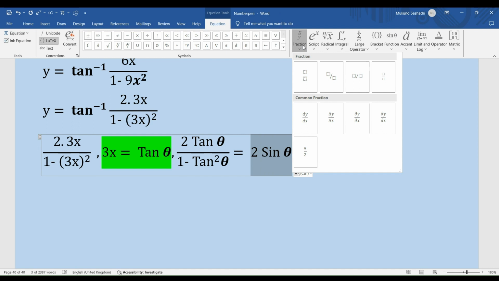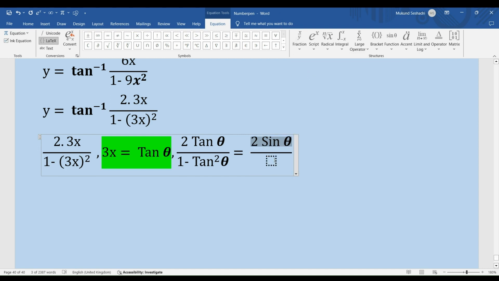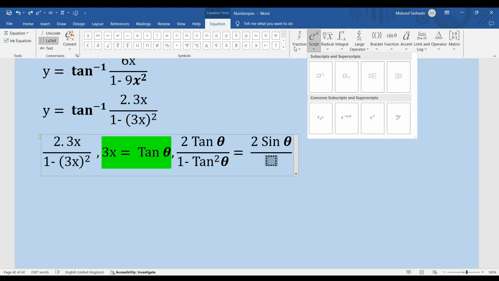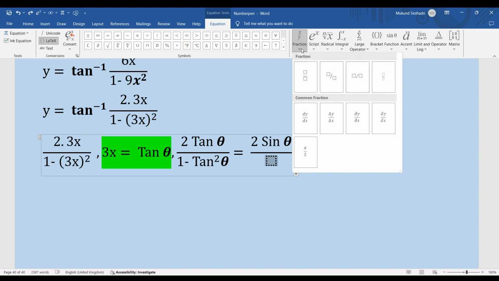I'm just expressing everything in the form of sine and cos. And why am I doing it? Because it'll help us identify what simplification we can make, right? It'll help you even at times when you have a doubt in a particular identity or have a problem remembering a particular trigonometric identity.